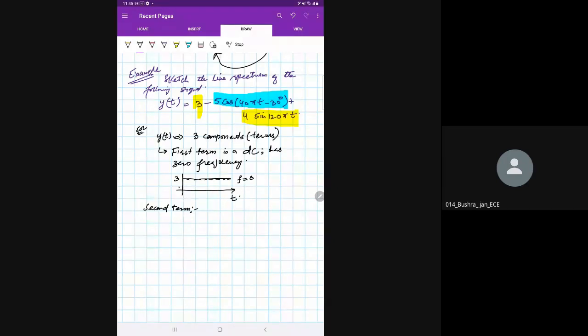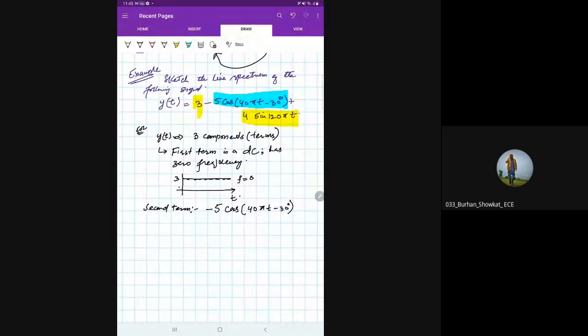AC. How much is the amplitude? 5 or minus 5? Minus 5. Okay. How much is the phase shift? Minus 30. Very good. ठीक है. Second term is AC. It is 40 pi t minus 30 degrees.